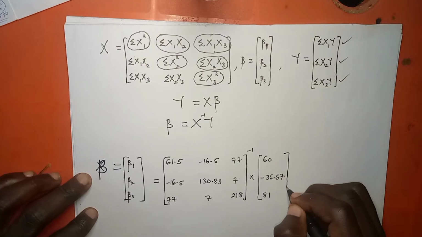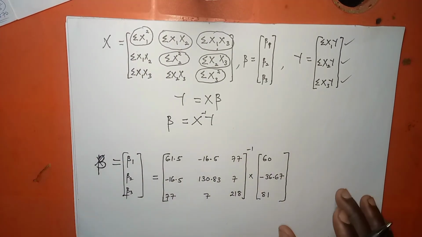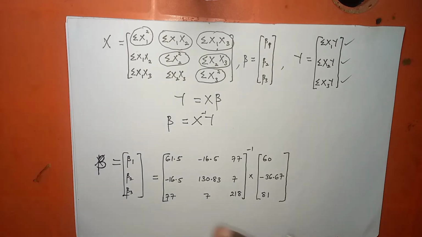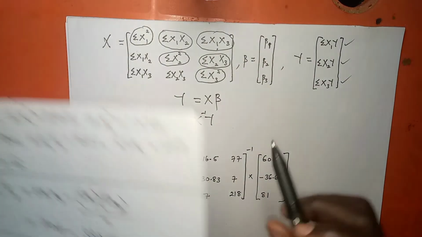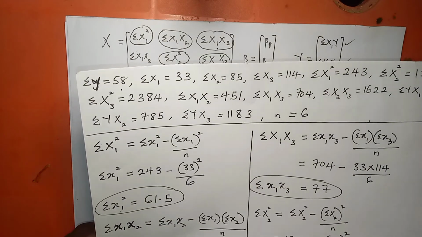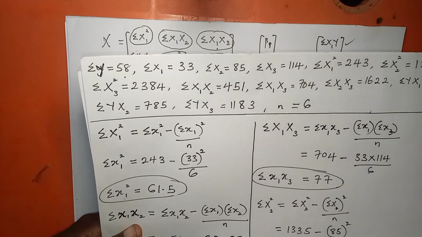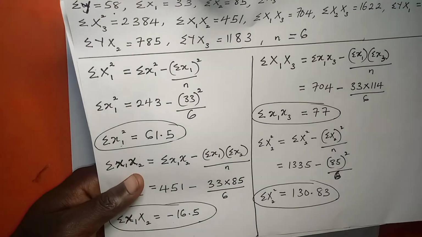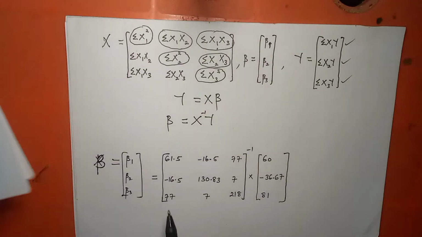Then don't be surprised: where did I get all of these values? All of these values we're getting from the previous calculation. 61.5 from x1 square, minus 16.5 for x1 x2, minus 16.5 for x1 x2.